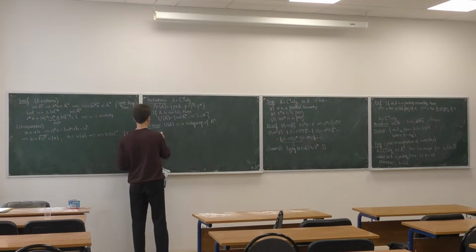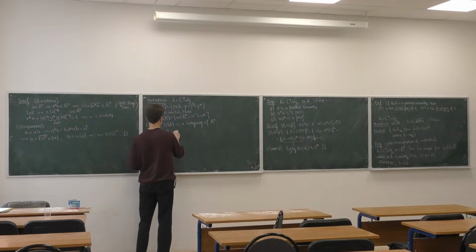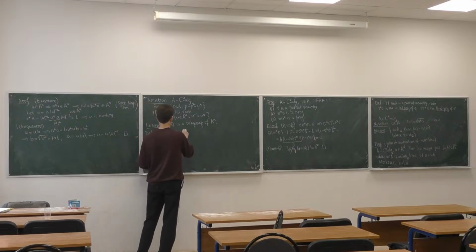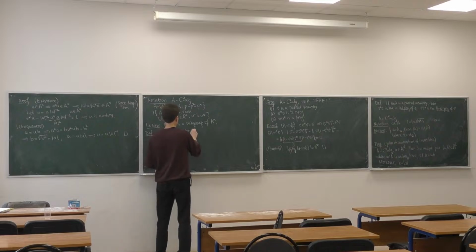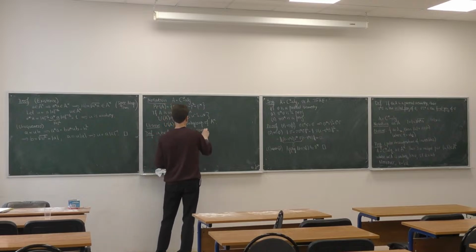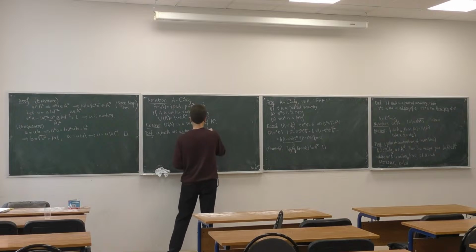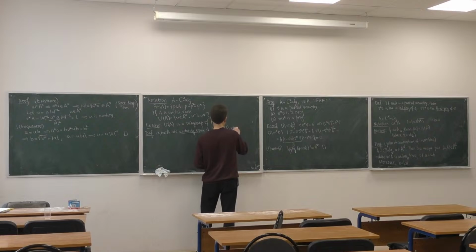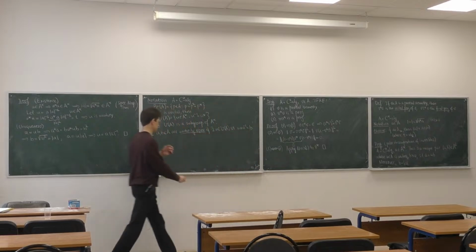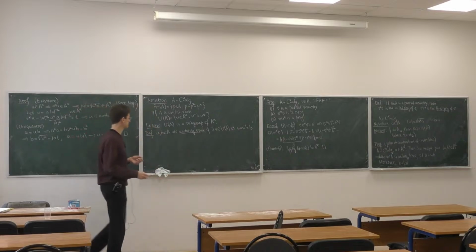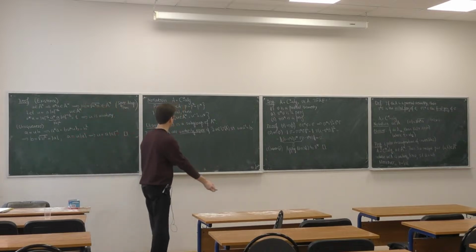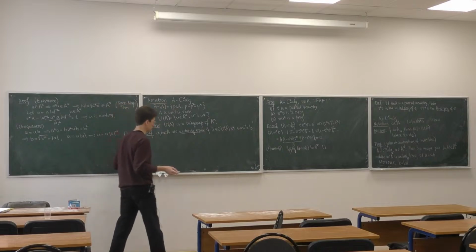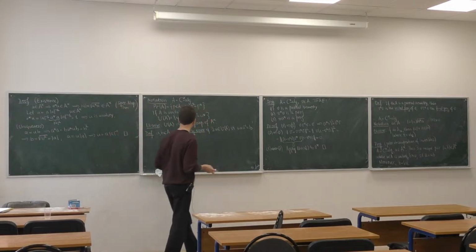We say that two elements A and B in A are unitarily equivalent if there exists a unitary element U such that UA U inverse equals B. Well, clearly this is an equivalence relation on A.